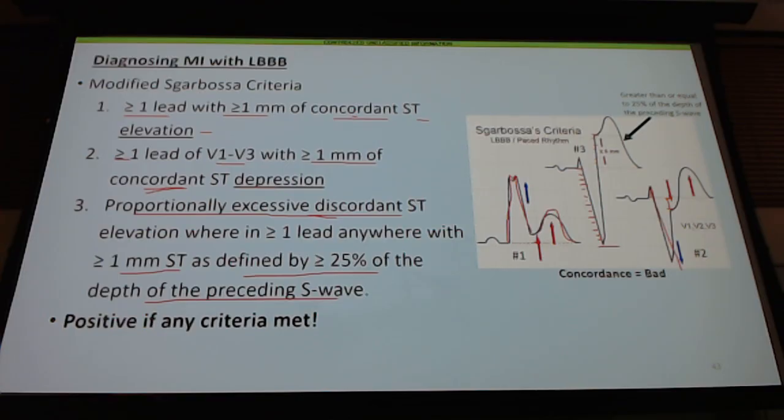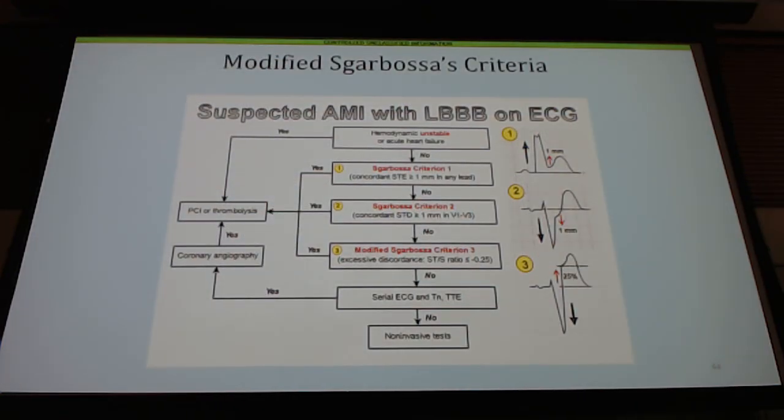So if you meet any one of these criteria in a left bundle branch block, it is a STEMI until proven otherwise. And this is just that flow chart on how you can arrive at that diagnosis of a STEMI using Sgarbossa's criteria.